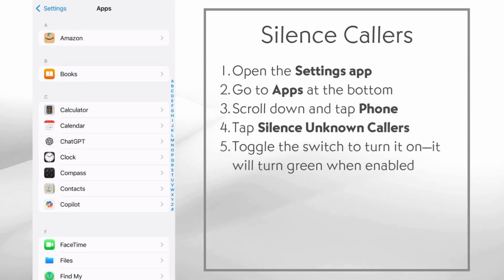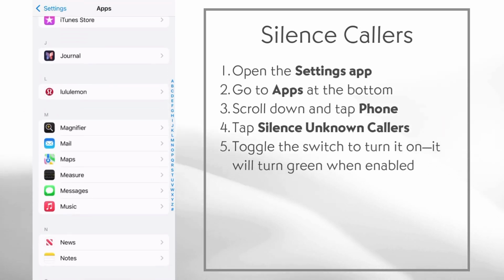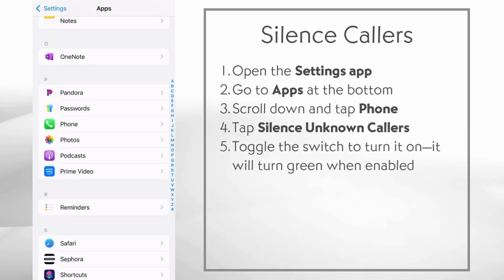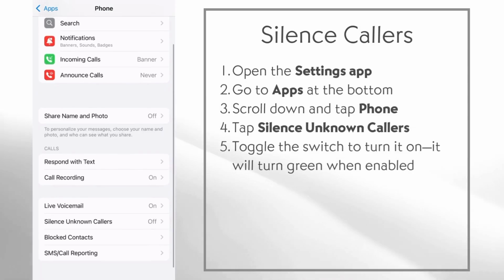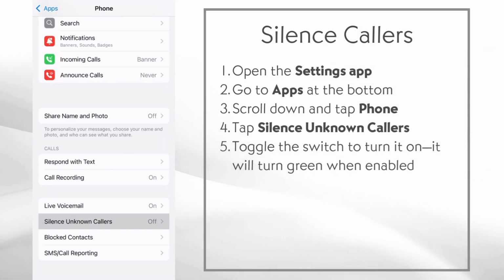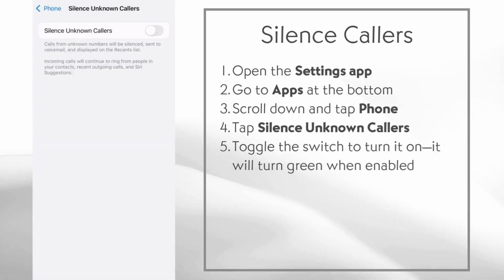Scroll down and tap on Phone. Scroll to the bottom, tap on Silence Unknown Callers, and turn it on.